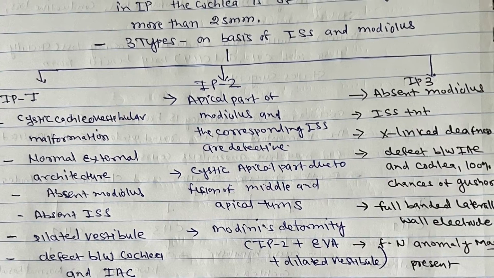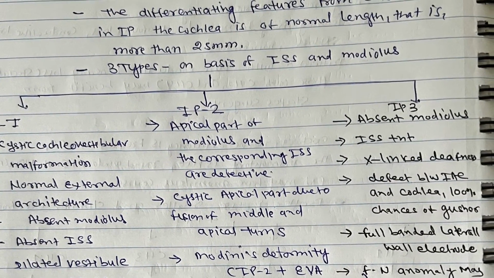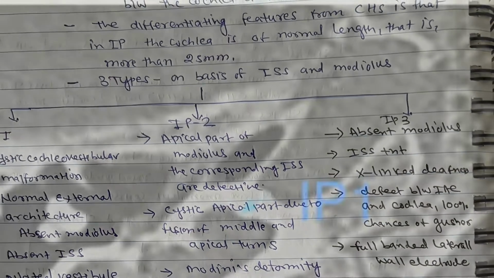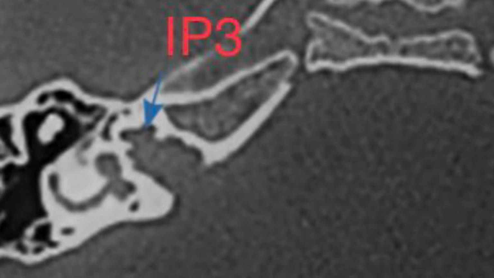In incomplete partition 1 you can see a cystic cochleovestibular malformation, with no normal external architecture, absent modiolus and absent interscalar septum. The nerve endings are on the periphery, so a full-banded electrode on the lateral wall is effective. A big cochleostomy lets the CSF flow and the electrode insertion can be done. You can see in this picture.